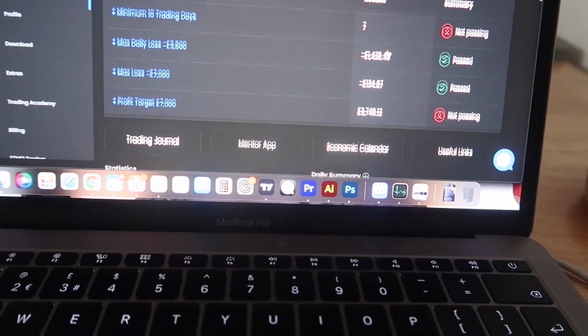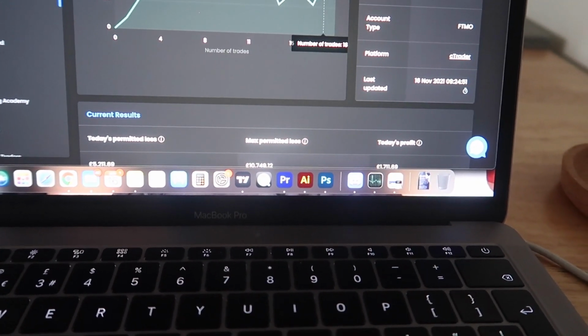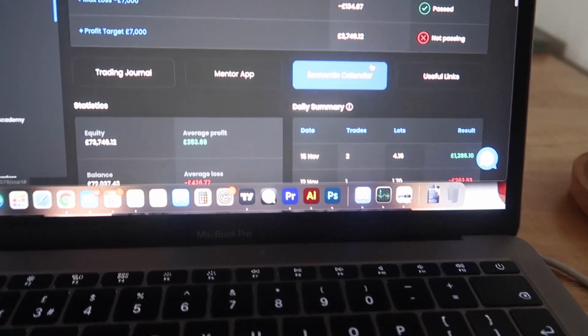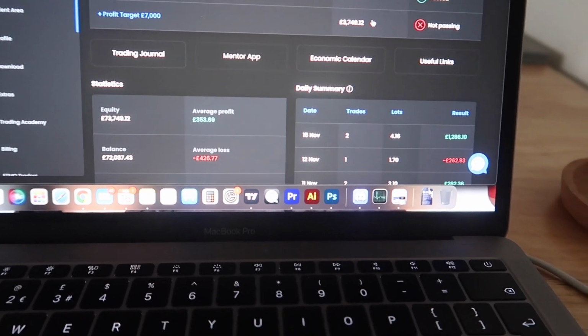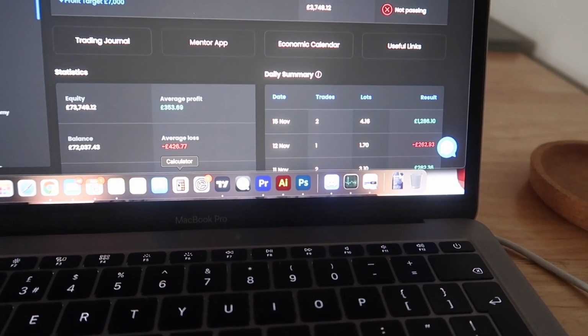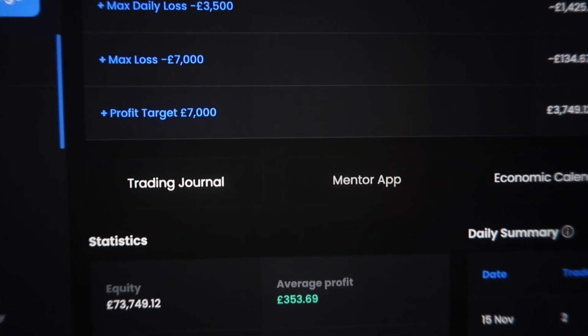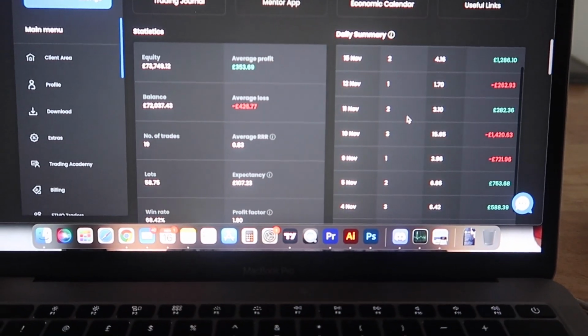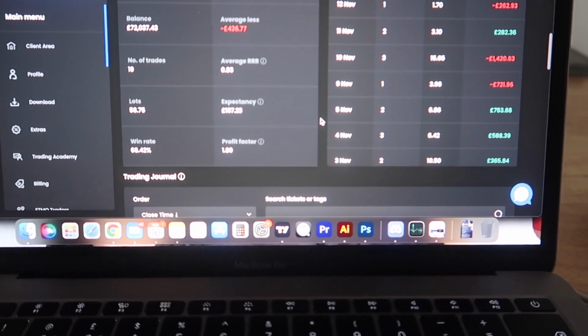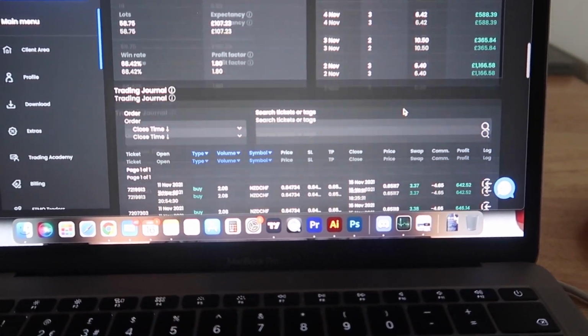I'm actually out at 2,037, so not quite. If I did that, what would it be? 3,750. So I'm technically up with equity 5.3%, but again, I'm not closing out my trades yet. These are the trades I've taken.